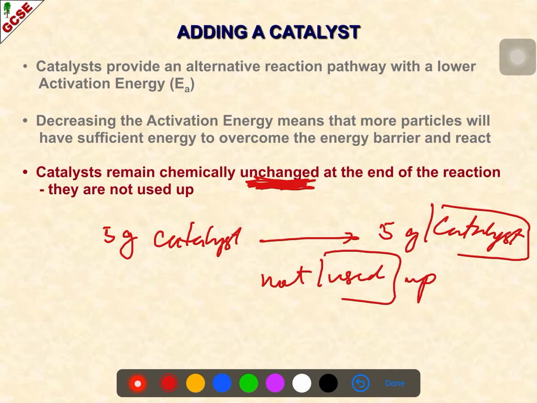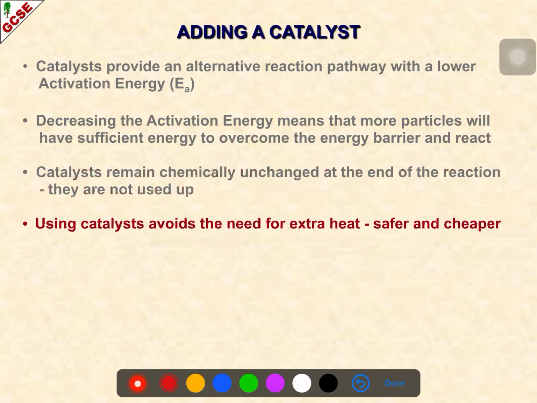This is because they are not part of the reaction. The catalyst is there just to find a way to decrease the activation energy. So they will never be used up. What's good about this is that you can reuse it in the next reaction.